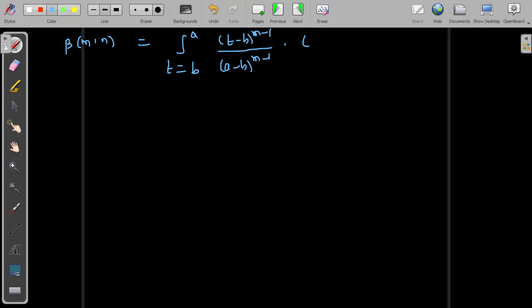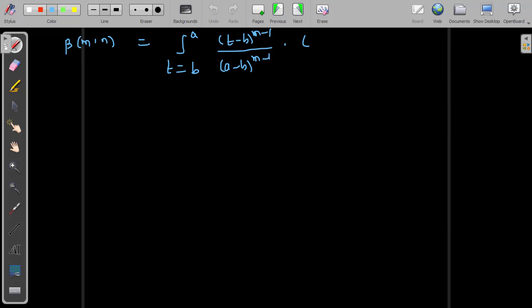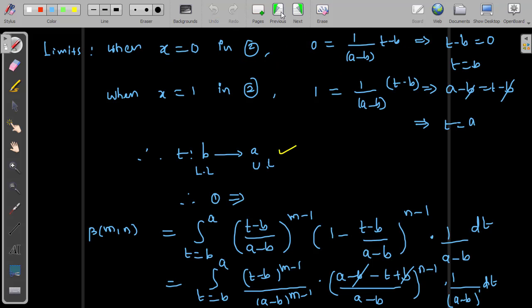Now we have here second bracket, (a minus t) power n minus 1 divided by denominator (a minus b) power n minus 1. So take care here, 1 by (a minus b) power 1, d times t. It's not dx, it's dt. Fine.